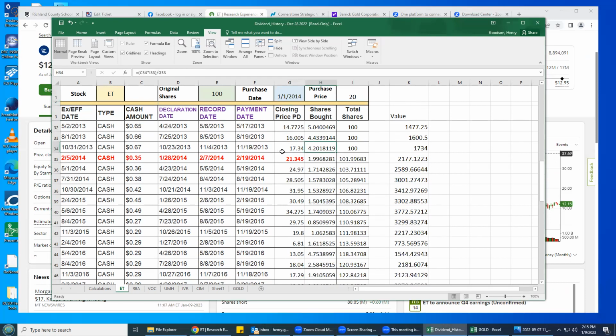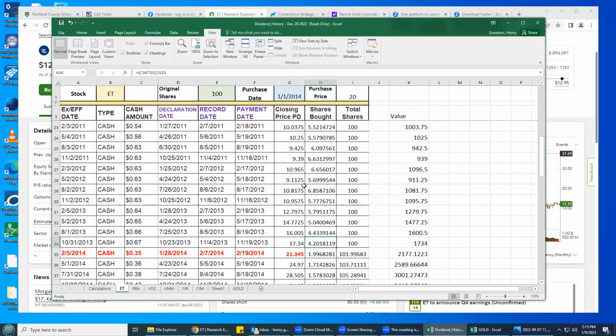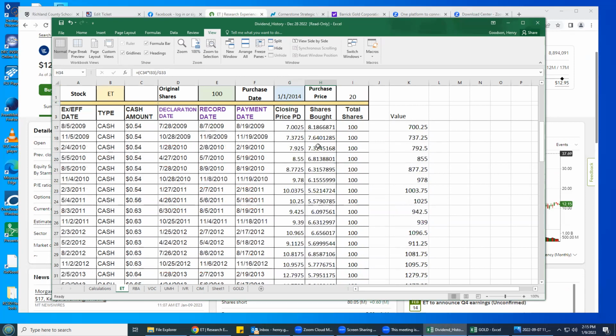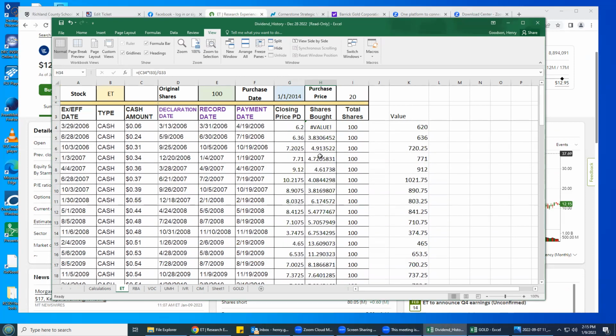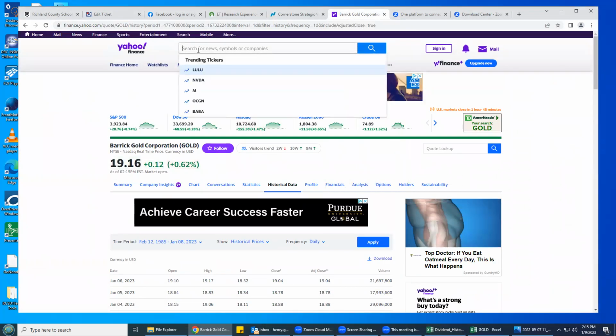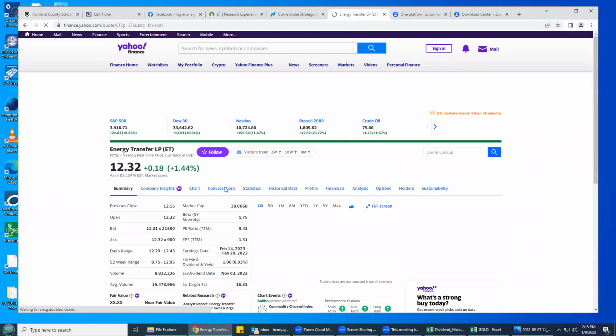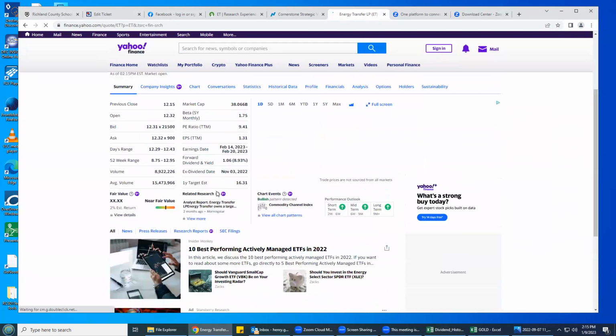You can go down here and put these numbers in right, and we got to get the closing price right, because if you did the Yahoo download for ET, this is gonna make a big difference. I'm gonna have to find the right answer for this.